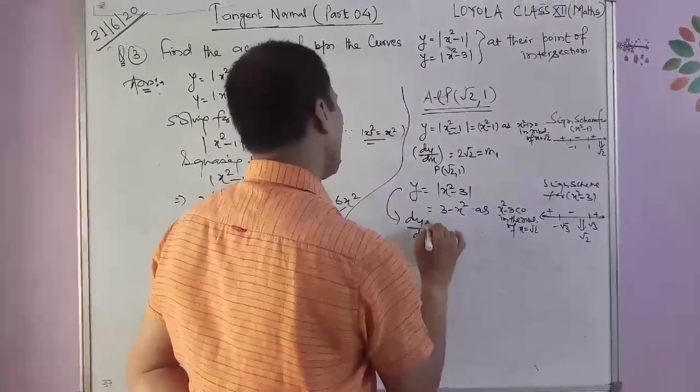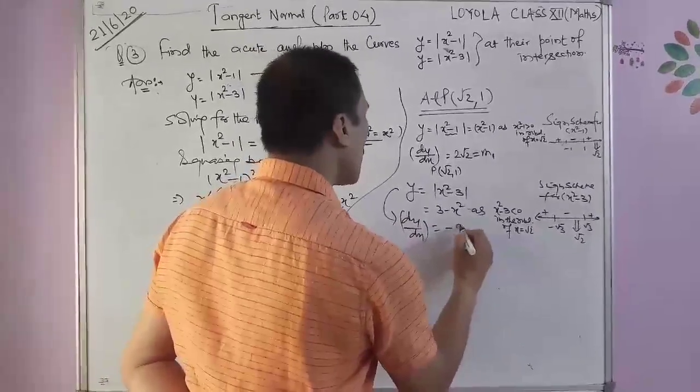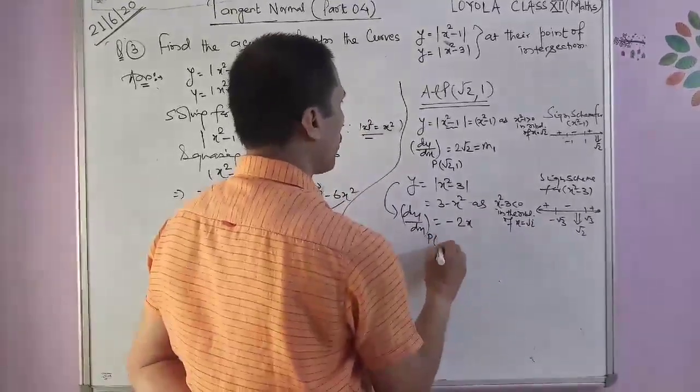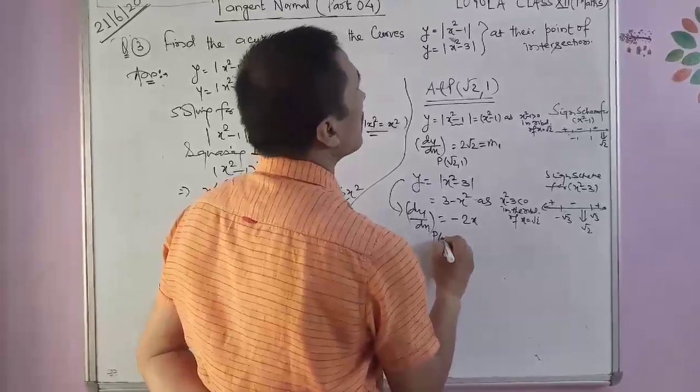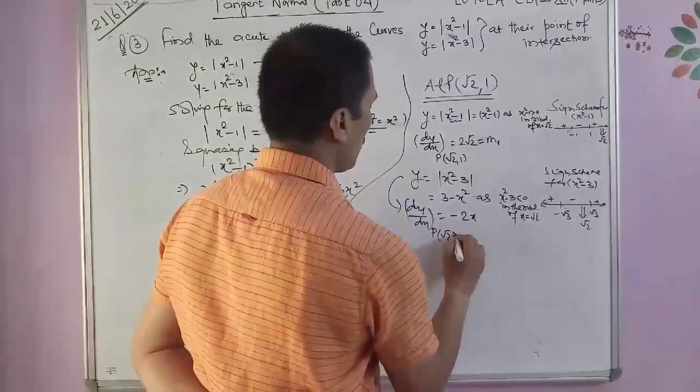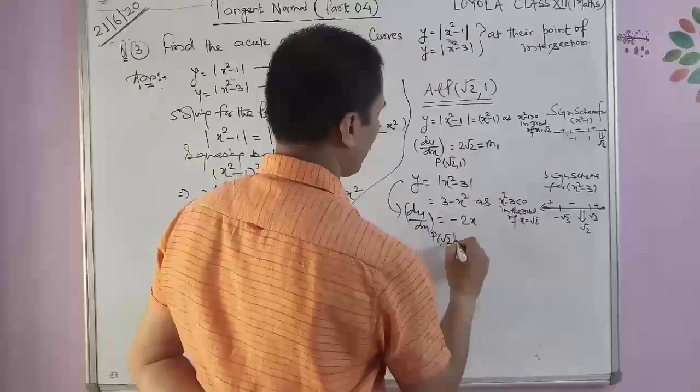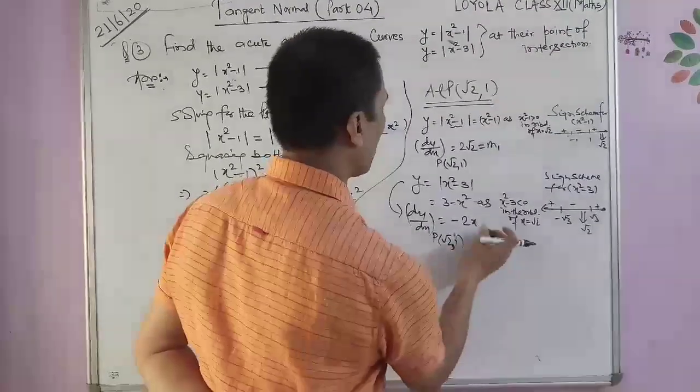Differentiating, dy by dx equals −2x at the point (√2, 1).